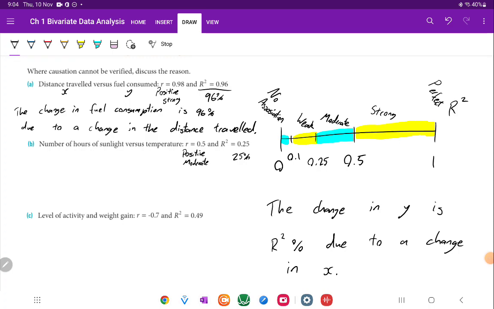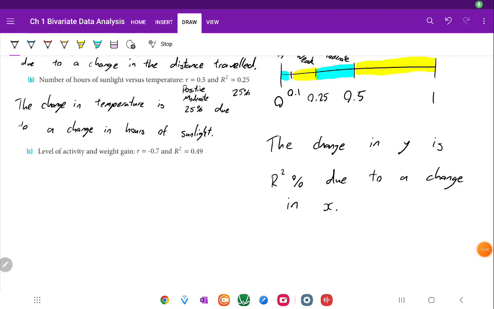Hence, it is not strong positive, it's only moderate positive. Using the sentence, the change in temperature is 25% due to a change in the number of hours of sunlight.